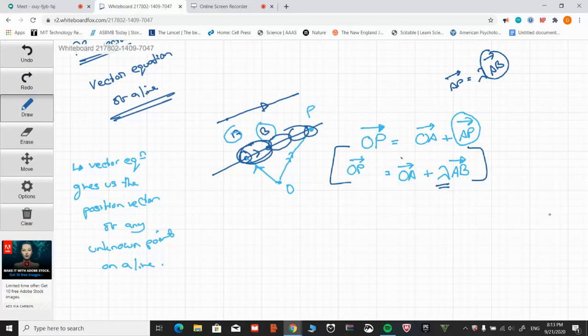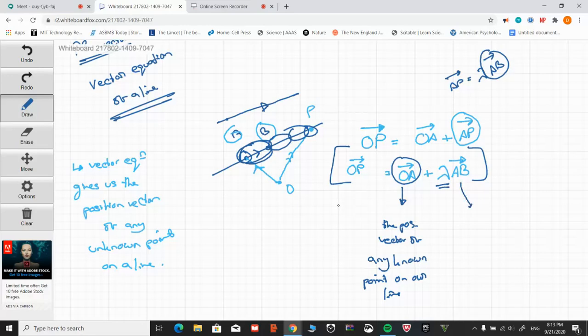So this is the position vector of any known point on our line, okay? Since A's coordinates are known to us, OA will be known to us.